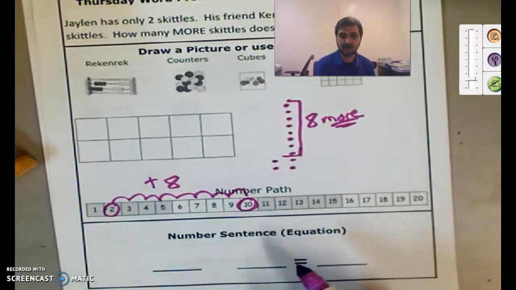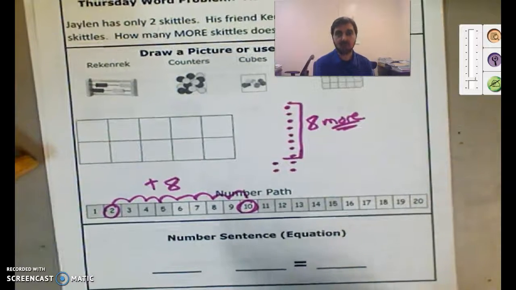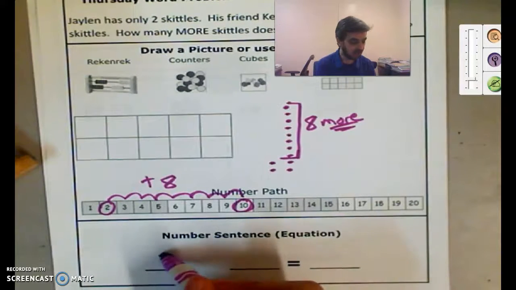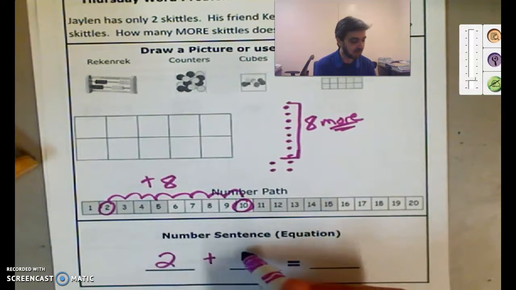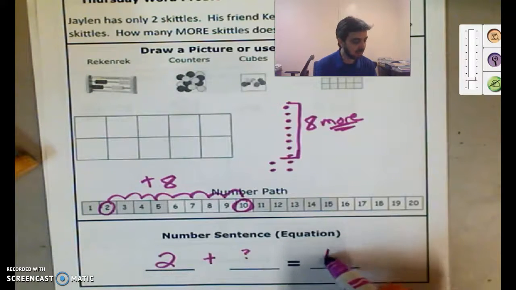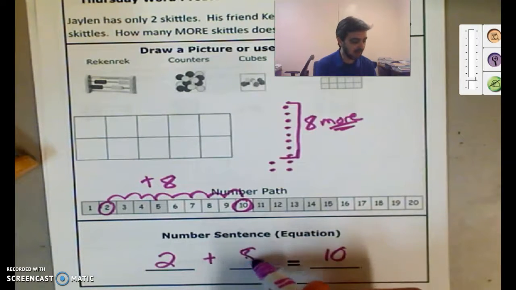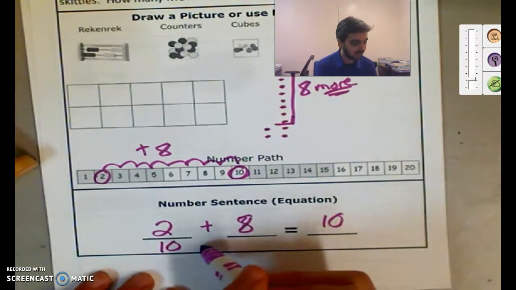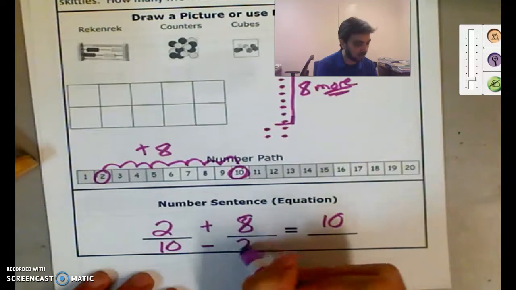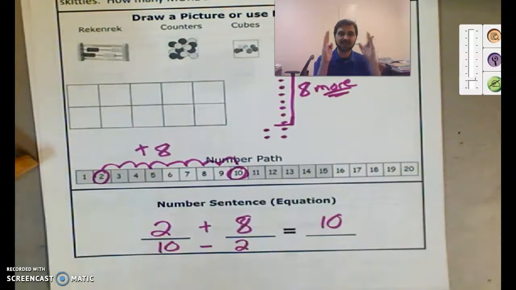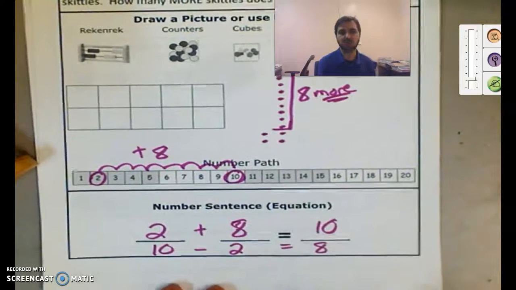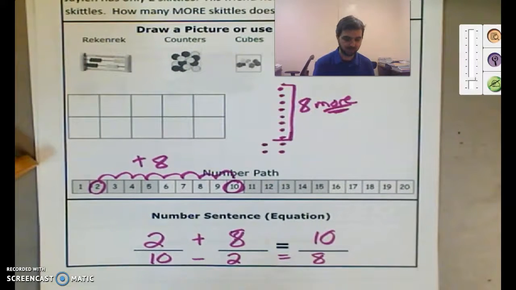So, how do we write this as an equation? Well, there's a couple ways we could think of this. We could think of this as 2 plus something equals 10, and we know that it is 8. Or we could think of it as 10 take away 2, not taking away 2, but the difference between 10 and 2. How far is it between 10 and 2? And we know that is 8. There's really 2 equations that you could use for this word problem.